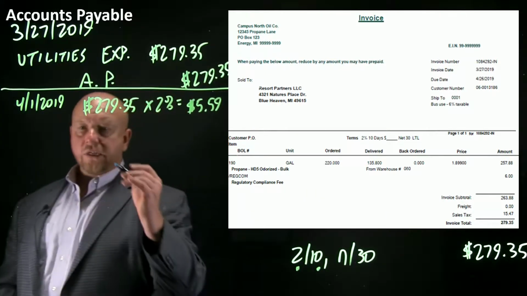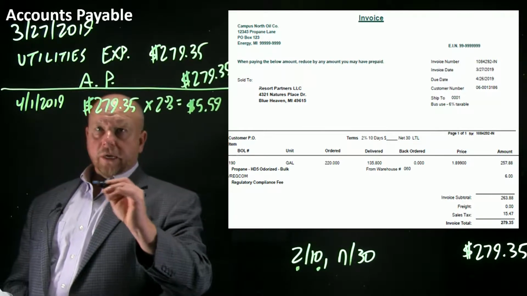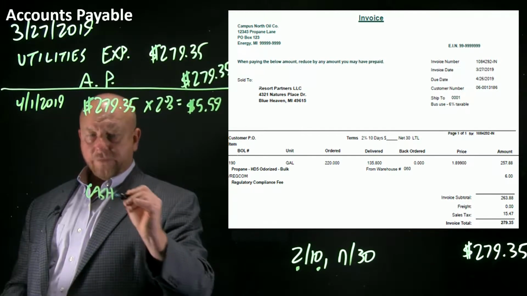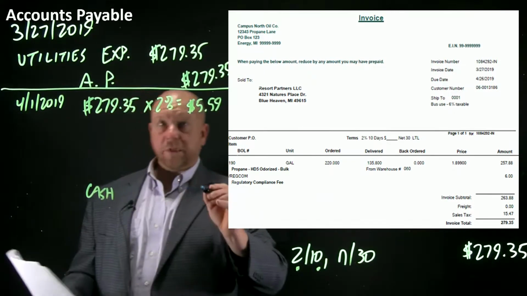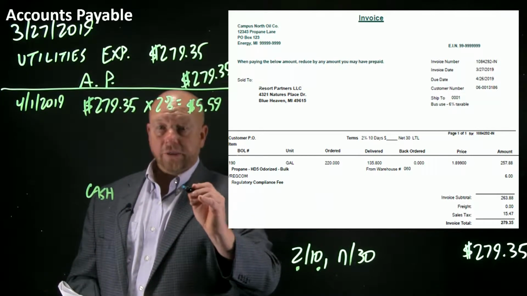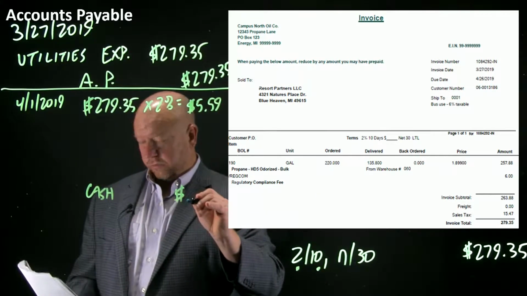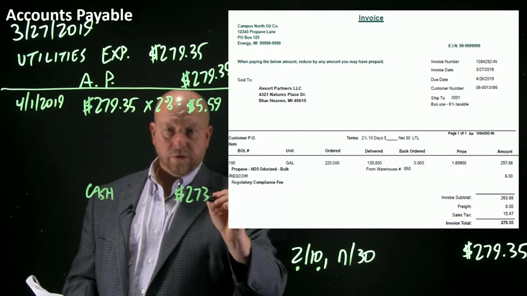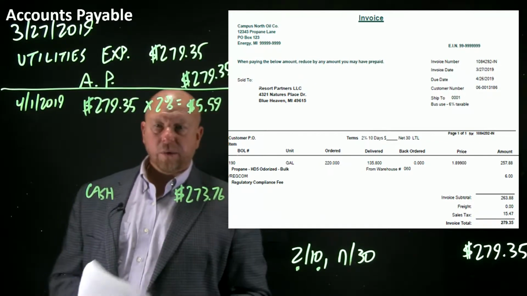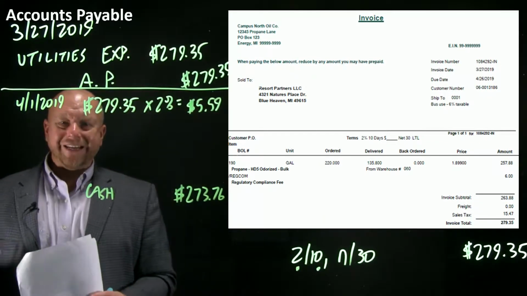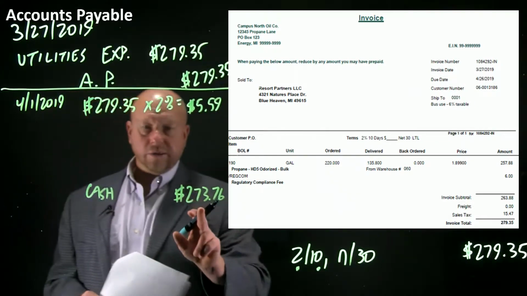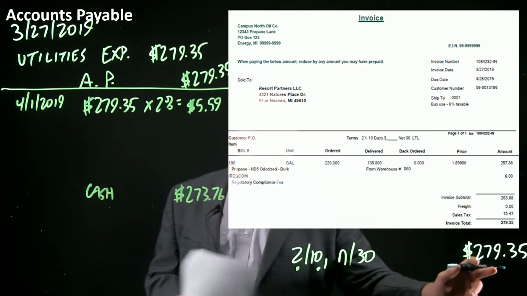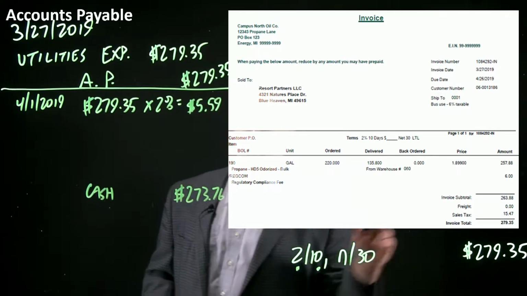So let's construct that journal entry. I'm going to put the debit to cash, pardon me, I misspoke. The credit to cash. I'm going to put that in the journal entry first, just because I want to illustrate that we're spending $273 to satisfy a liability of $279.